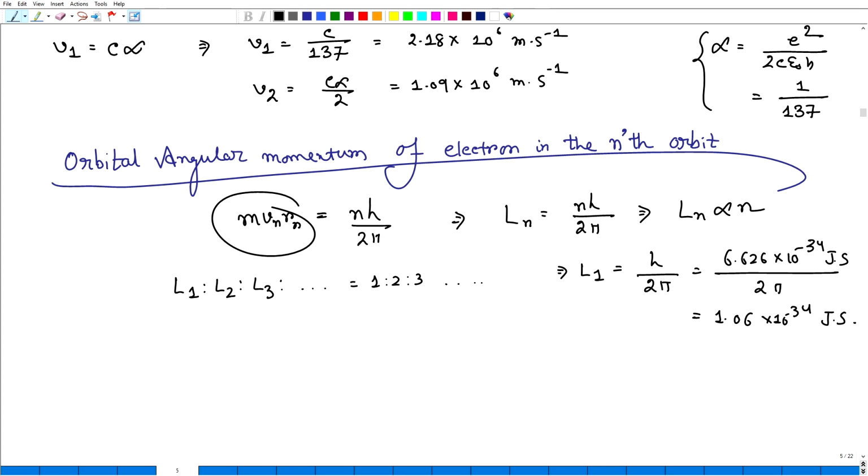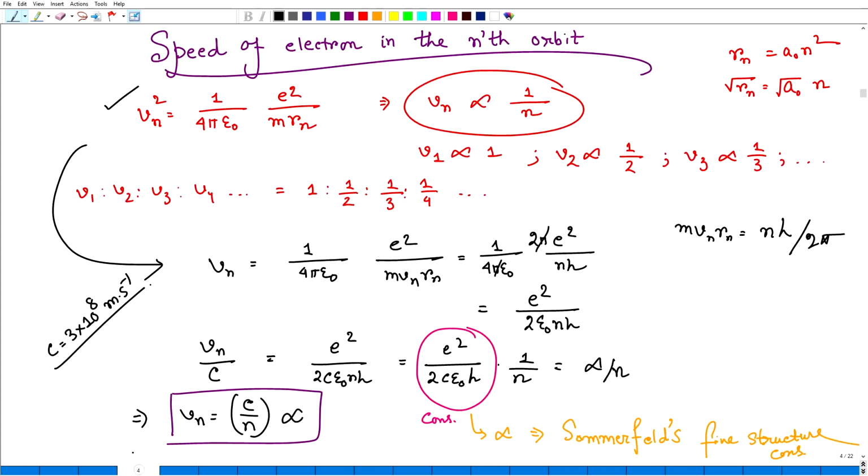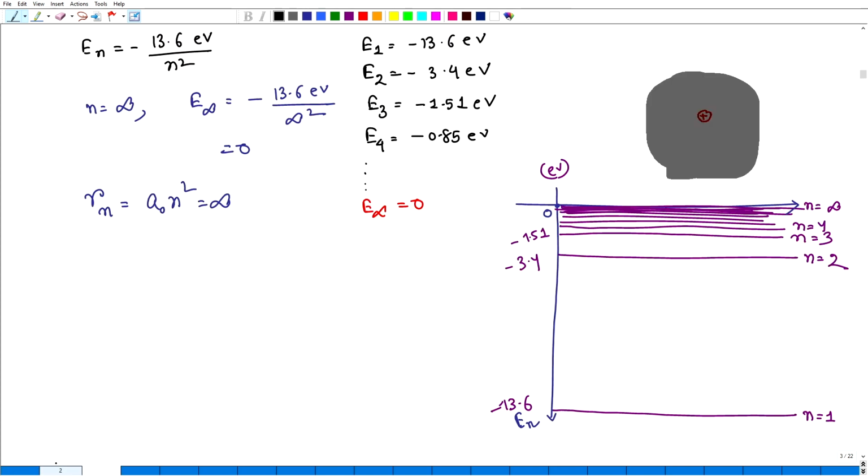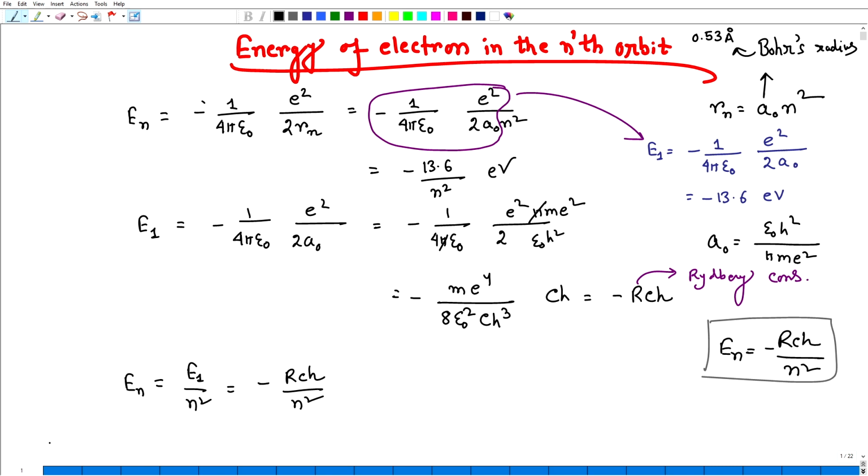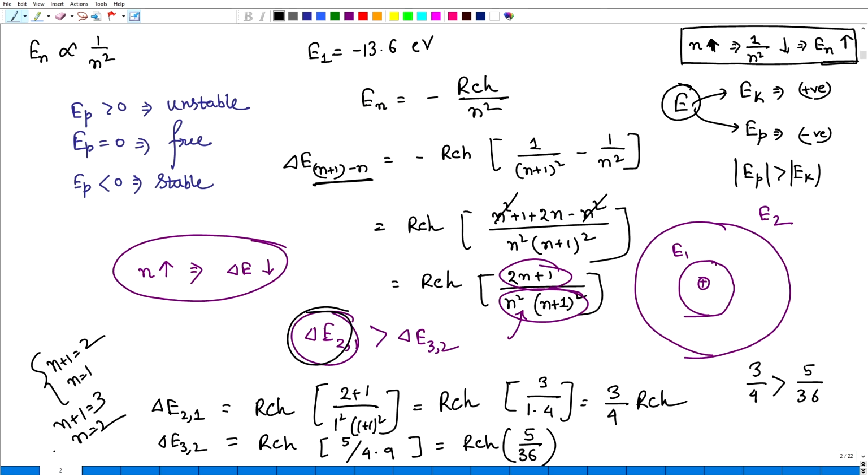So, regarding the application of the Bohr atomic structure, we have discussed the mathematical part totally. In the last class we discussed the radius of the electron orbit. Here we first discussed the energy of the electron in the nth orbit. We discussed this formula, the Rydberg constant, and then why the energy is negative. The potential energy is negative, but the kinetic energy is positive, and the magnitude of potential energy is greater than the magnitude of kinetic energy, so the overall energy is negative.